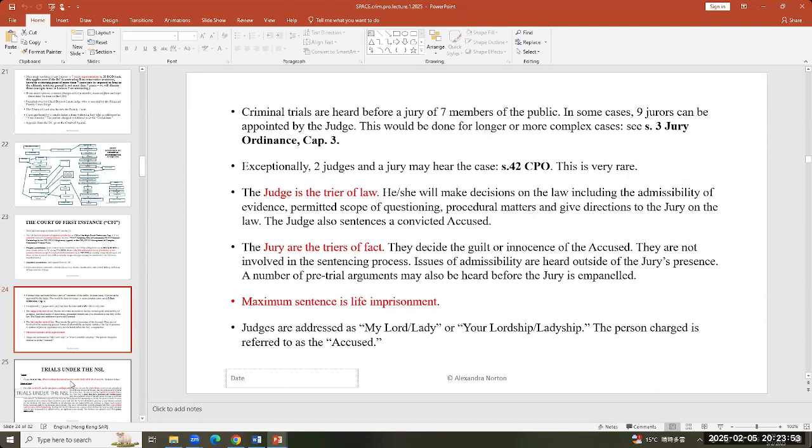In the district court and magistrate's court, the person charged is called the defendant. But in the CFI, they use the terminology of the accused. Why? Because they are, before the jury, stressing much more the presumption of innocence. In other words, you are accused of a crime, but the prosecution still have the burden to prove it, right?